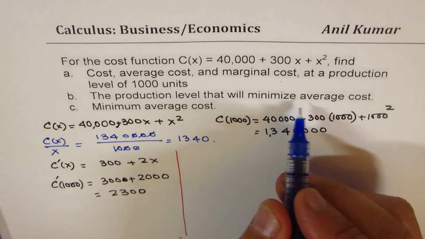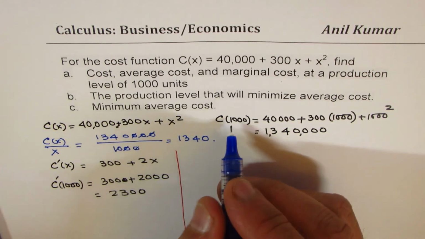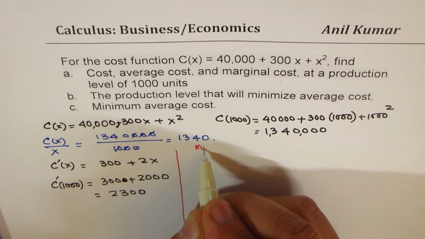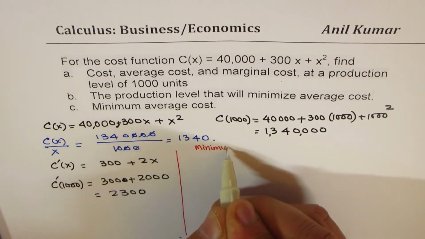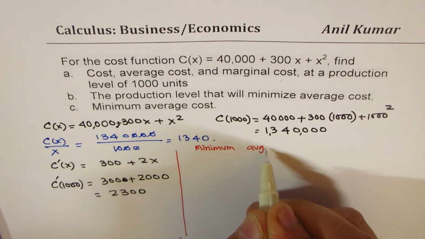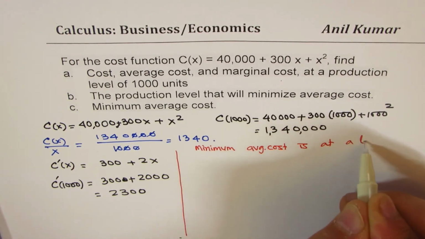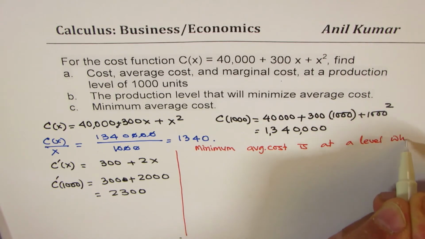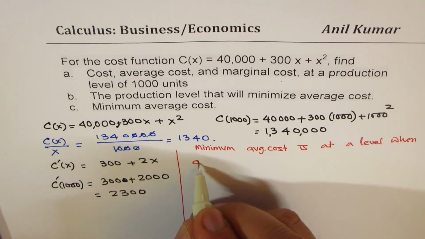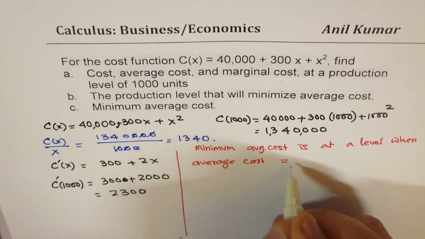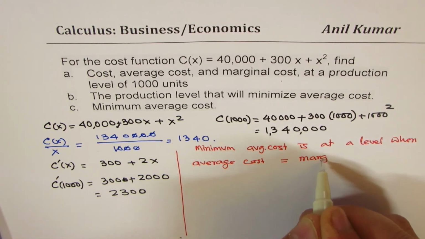So for minimizing average cost, the condition is, let me write it down here: minimum average cost is at a level when average cost is equal to marginal cost.